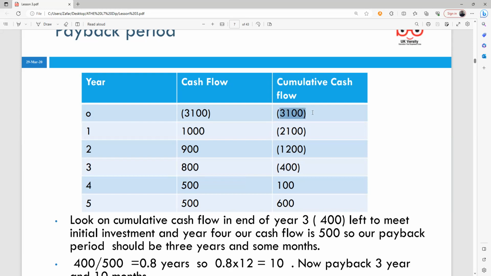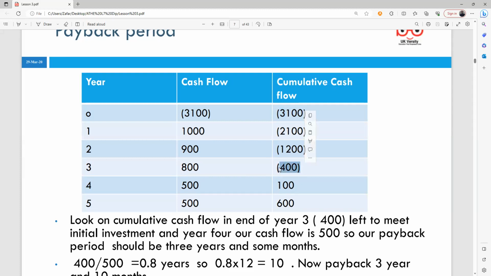So 3,100 minus 1,000 gives you 2,100 remaining. In the second year you get 900, so 2,100 minus 900 leaves you 1,200 pounds. In the third year you get 800, so 1,200 minus 800 gives you 400. That's how much is left to recover.